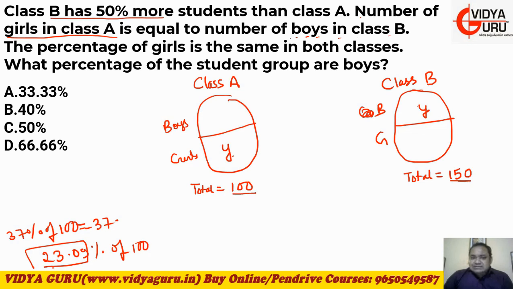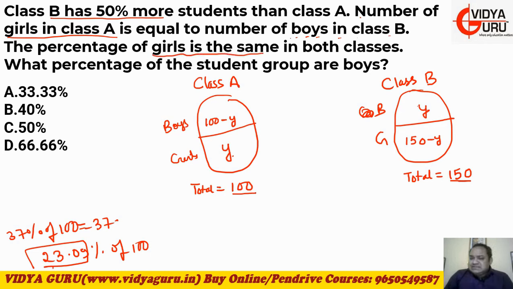Now what else? If here the number of girls is Y, the number of boys would be 100 minus Y. And here the number of girls would be 150 minus Y, because a total of 150 students are there. What do we know? We know that the percentage of girls is the same in both the classes.